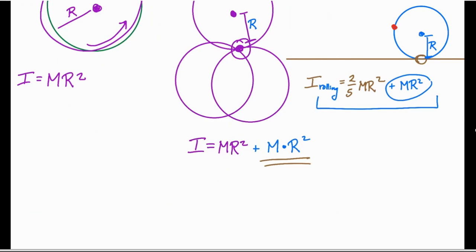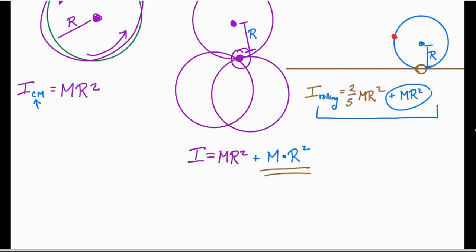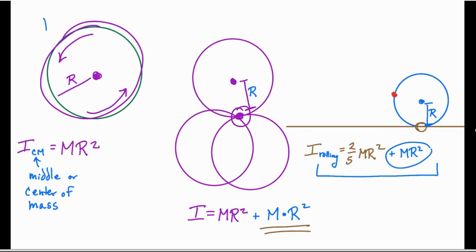And then you'll also see that the notation that Mr. Clark uses is I with a CM here to notate that this is your center of mass. So when it's rotating around the center of mass, or what I like to call the middle, that's when that hoop is going to have a moment of inertia of mr squared.